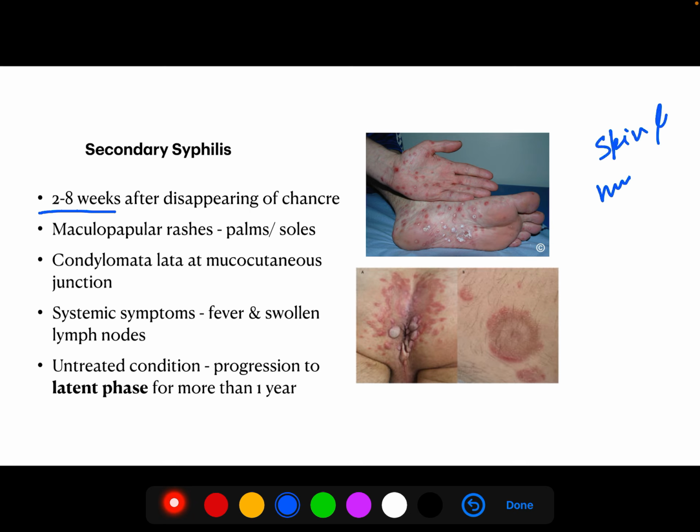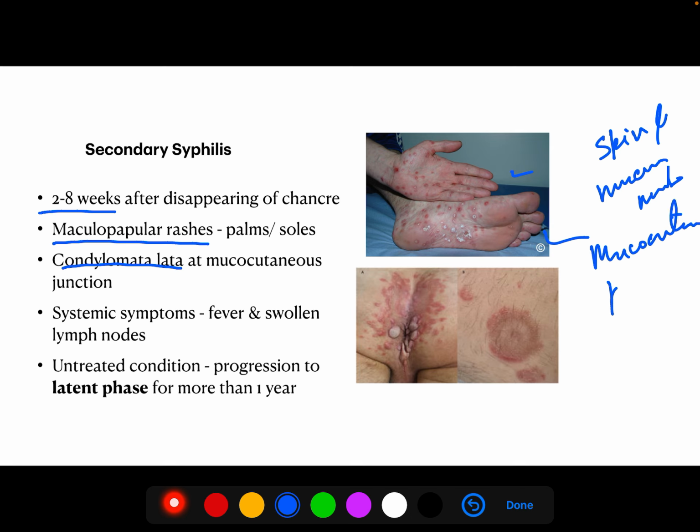Skin rashes are seen, and they are usually maculopapular rashes present on the palms and soles. Apart from that, another manifestation seen is called condylomata lata, which is seen at the mucocutaneous junctions, and these are mucocutaneous papules.